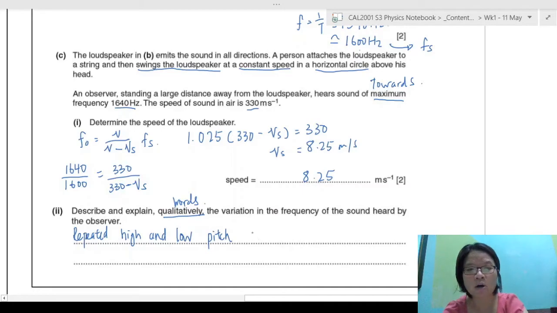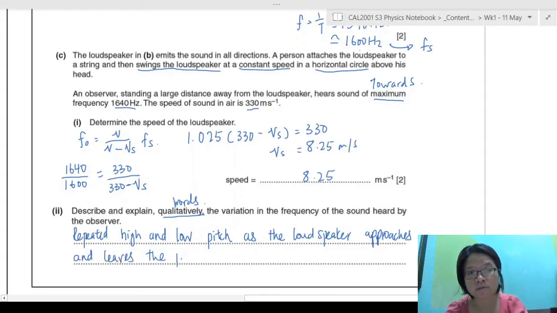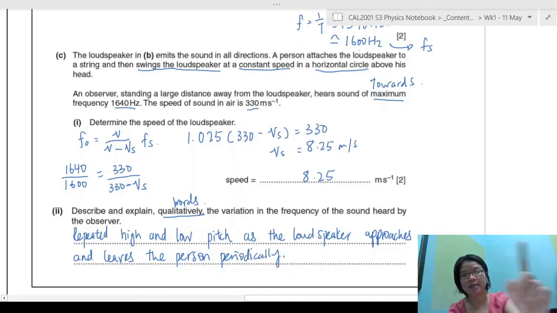So you could say that there's a repeated high and low pitch as the loudspeaker travels towards and away, or approaches and leaves the observer or the person. And it's a periodic thing, because it's moving in a circle this way.